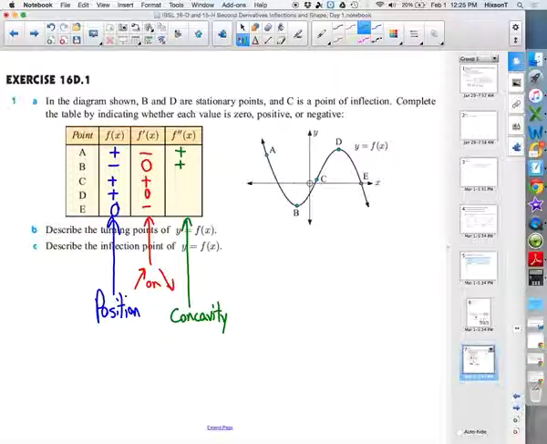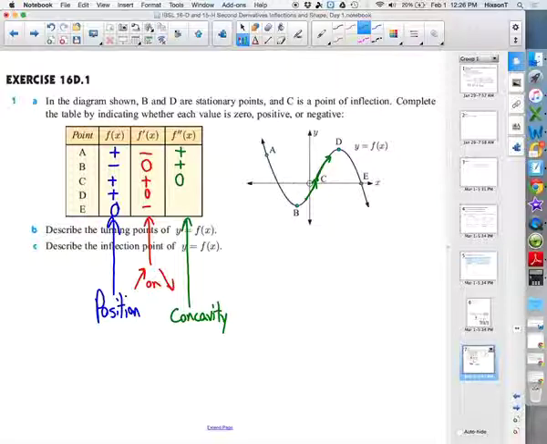At C, however, I know we're kind of guessing here, but C is going to be that point where we're changing from being concave up to concave down. Here we were still speeding up in the positive direction. Now it starts to slow down in the positive direction.